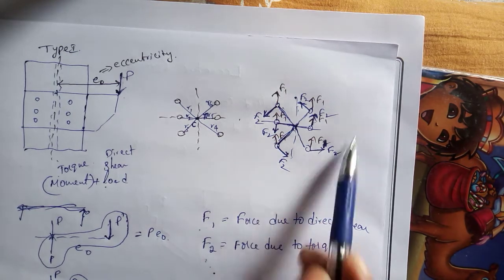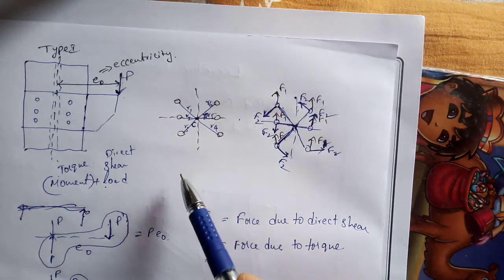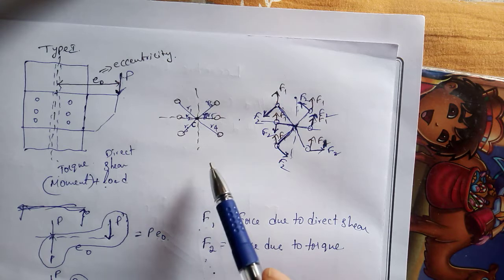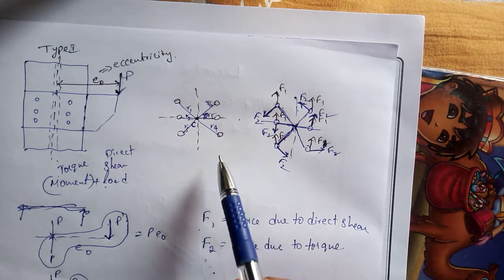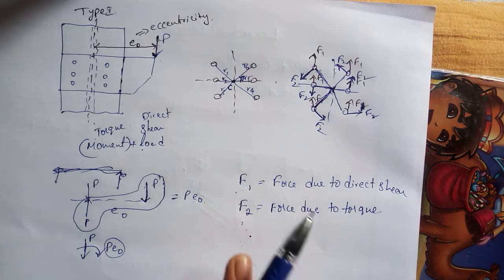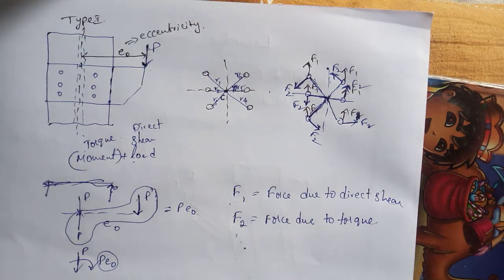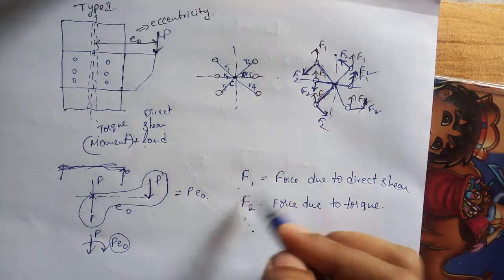Okay, if this is clear, then we are going to move to the next part, to calculate the F1 and F2 values. Now we have resolved all the forces, F1 and F2.